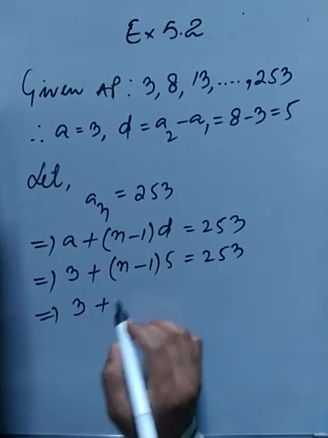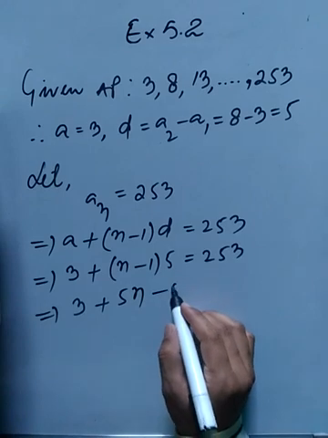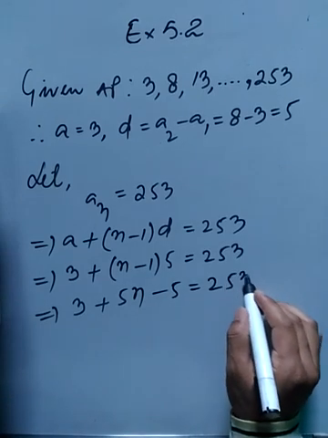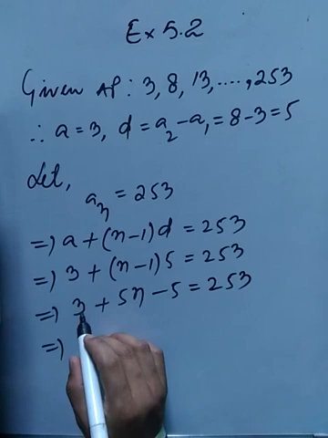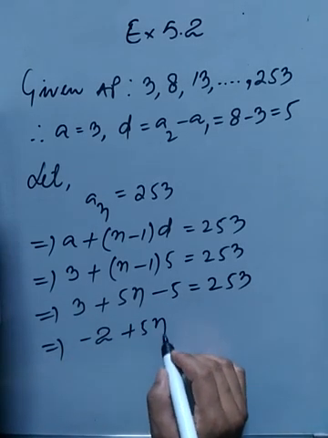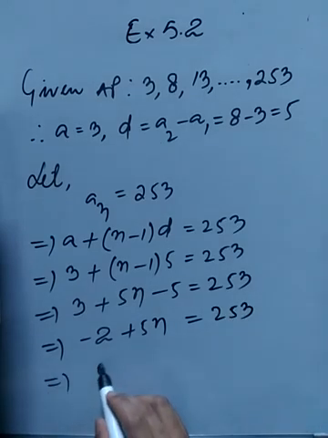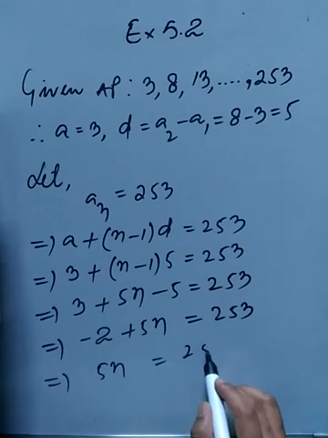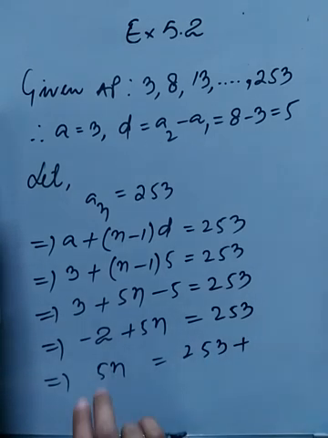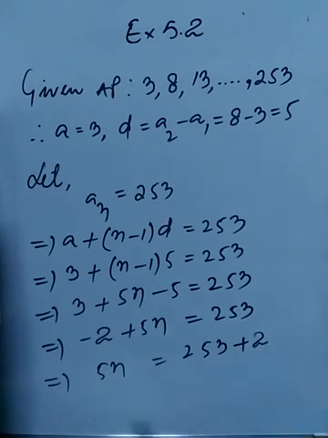So 3 plus 5 into n, 5n, 5 into minus 1, minus 5, then 253. Okay, 3 minus 5 you'll get minus 2, plus 5n equal to 253. So here 5n is equal to 253 plus, when minus 2 goes the other side, it becomes plus 2.